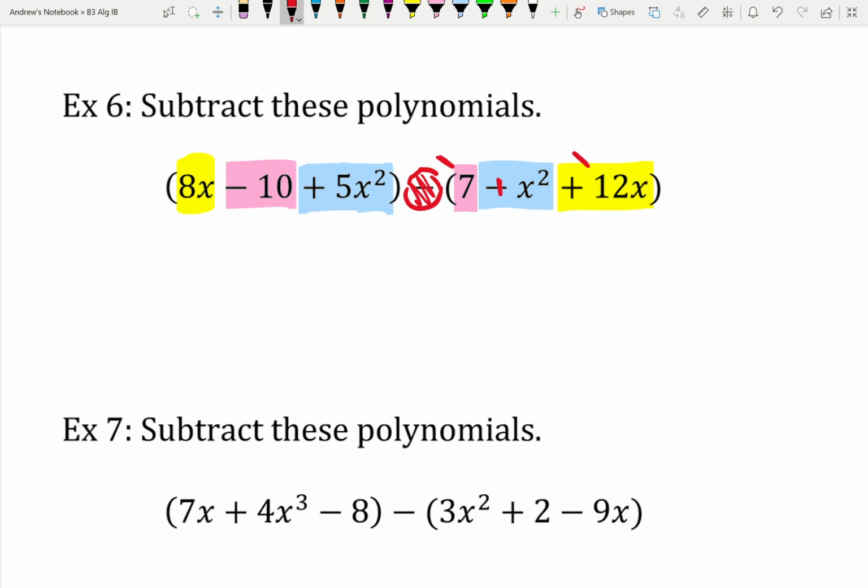So now I've got 8x minus 12x in the yellow. I had 8, I took away 12, I'm down to negative 4x. In the pink I have negative 10 minus another 7, which brings me down to negative 17. And in the blue I had 5x squareds, and I'm adding on another one, so that's plus 6x squareds.